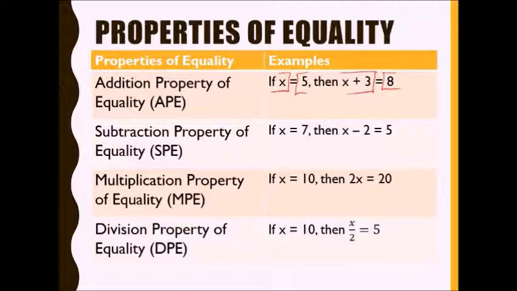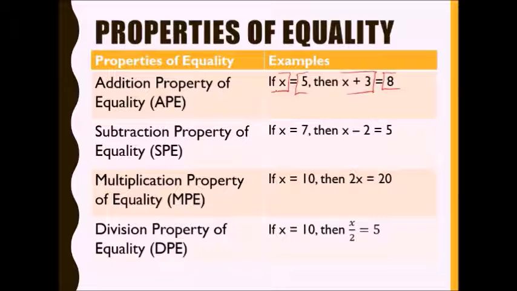Okay, so let's start with the addition property of equality. If x equals 5, then x plus 3 equals 8. Let us inspect the left side of the equation. As you can see, x becomes x plus 3. So we added 3 to x for it to become x plus 3.